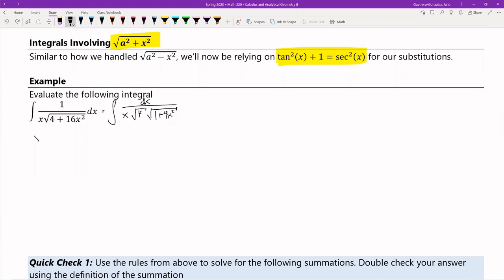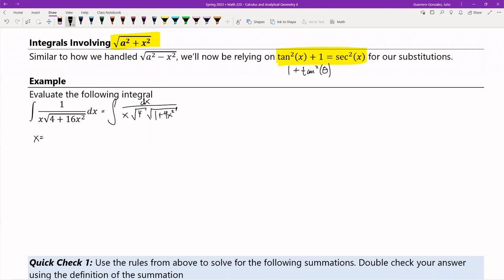We are going to let x equal. The idea is we want something that looks like some a squared plus x squared, and we want to turn it into something that looks like 1 plus tangent squared of theta.